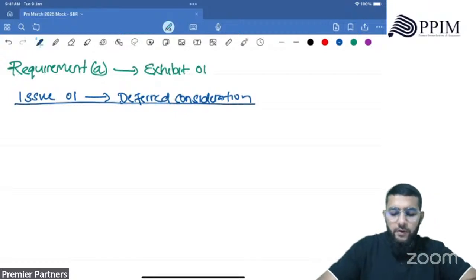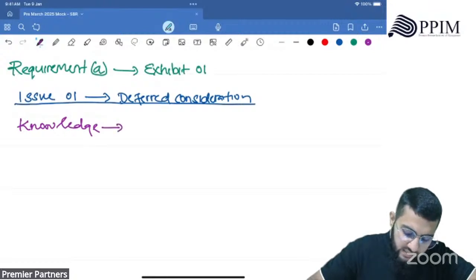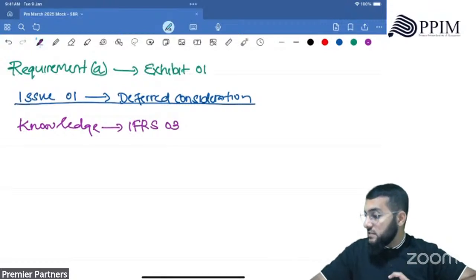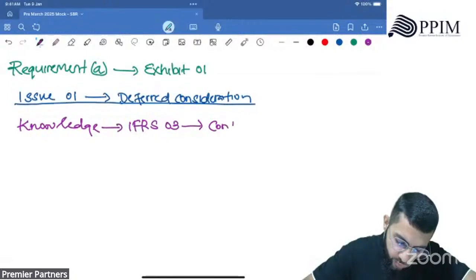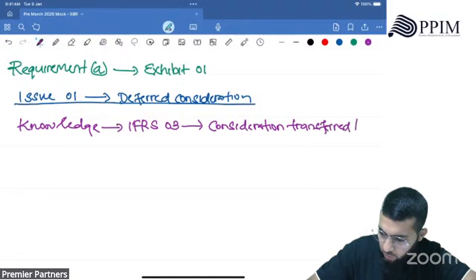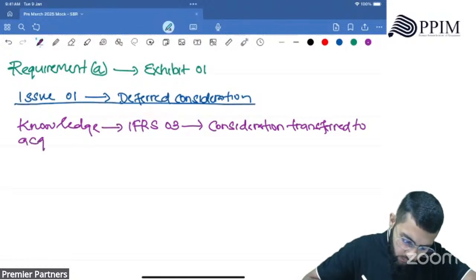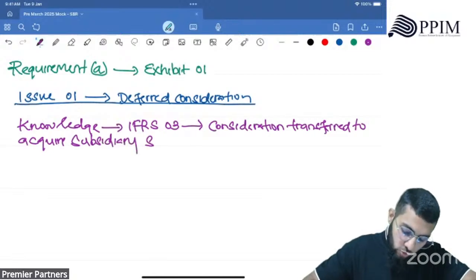Now we bring in the knowledge element that is going to be relevant. What's the standard? IFRS 3. What does IFRS 3 say about deferred consideration? It says consideration transferred to acquire a subsidiary should be at fair value.